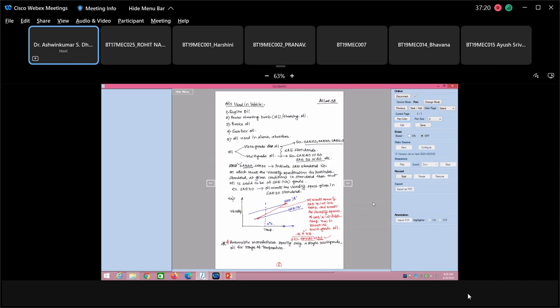Because if you have to start the engine, then you need to have lubrication right from the first crank. So in that case, you should have the provision to retain the oil at every part, because you can't wait for the oil pump to pump the oil and reach that particular component.